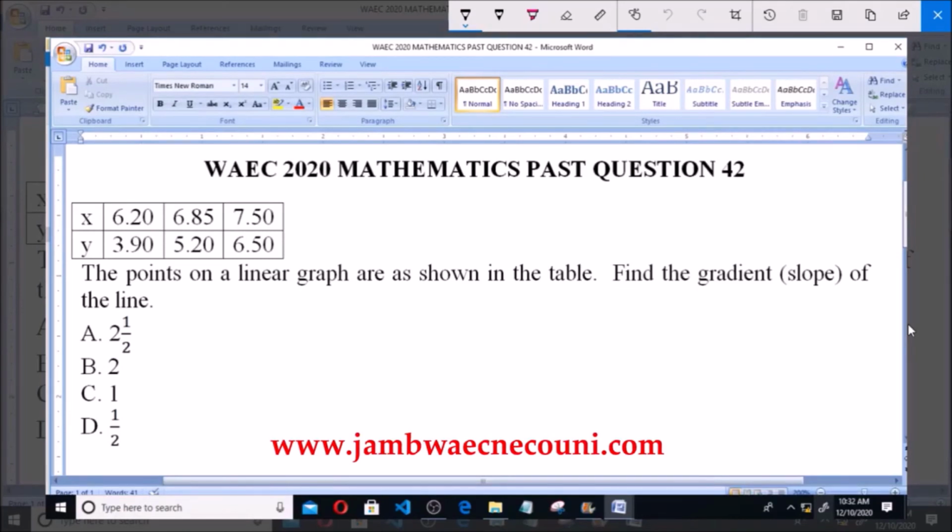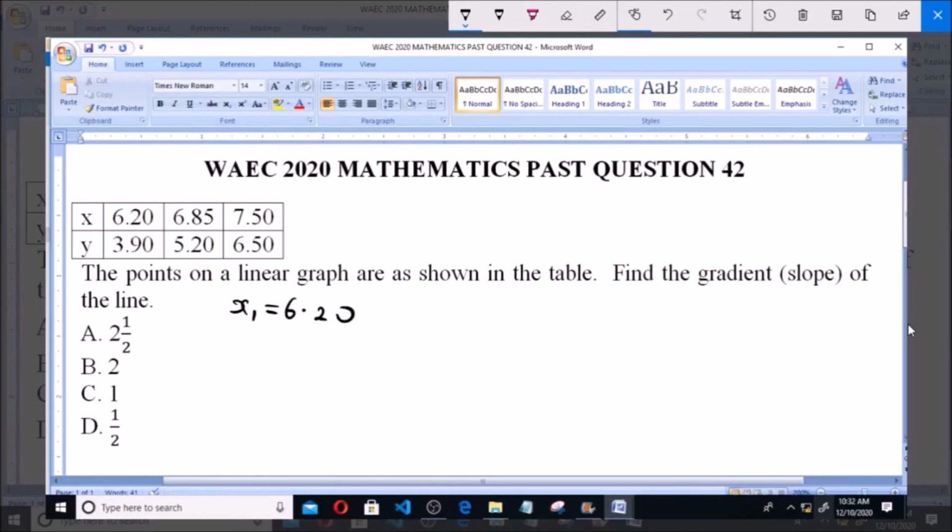So let's assume this to be x1 and y1, then this to be x2 and y2. So we'll have x1 equals 6.20, y1 equals 3.90, then x2 equals 6.85, and y2 equals 5.20.